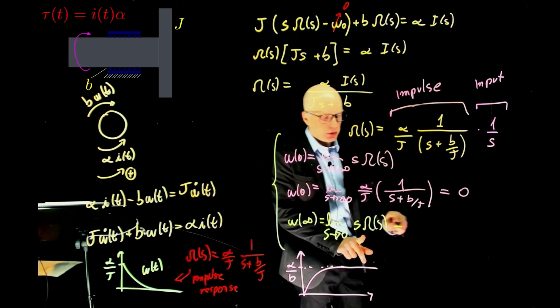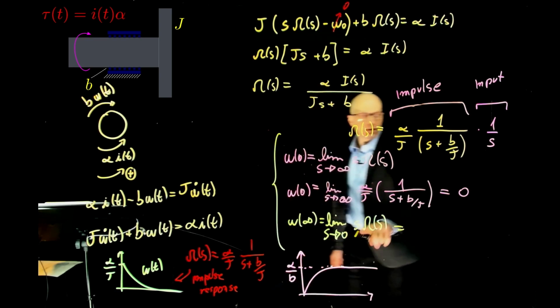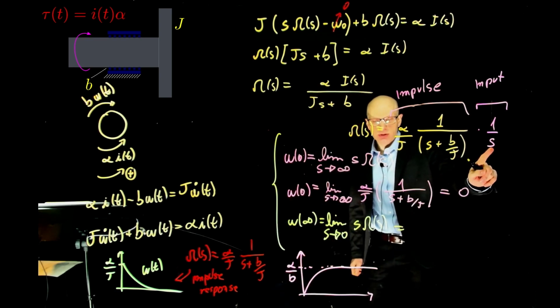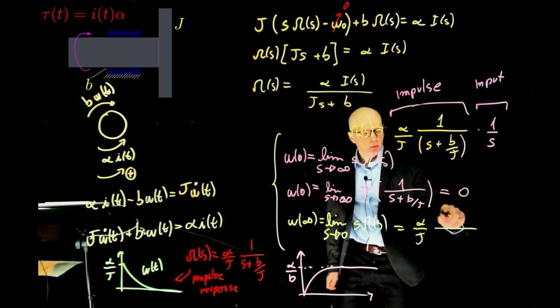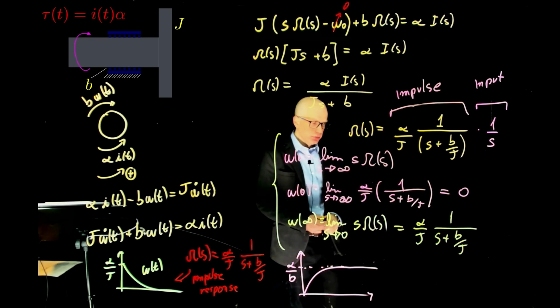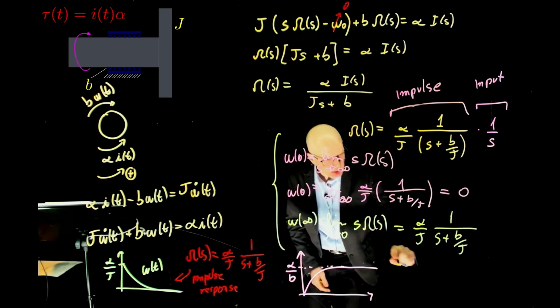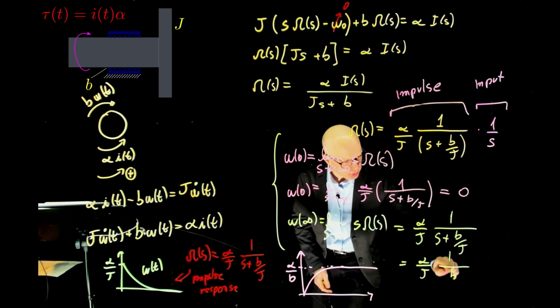We can easily replace the expression for the speed here. This s and that s will cancel out. We now have alpha over j divided by 1 over s plus b over j. When s tends to 0, we are left with alpha over j times 1 over b over j.